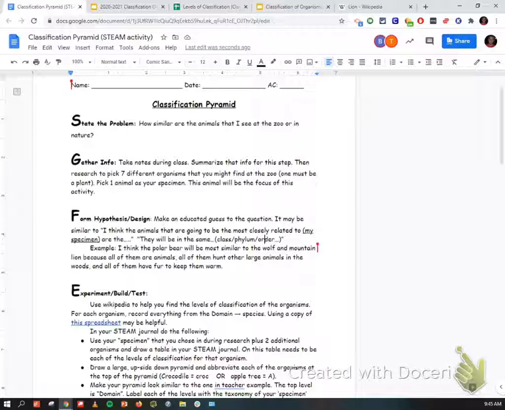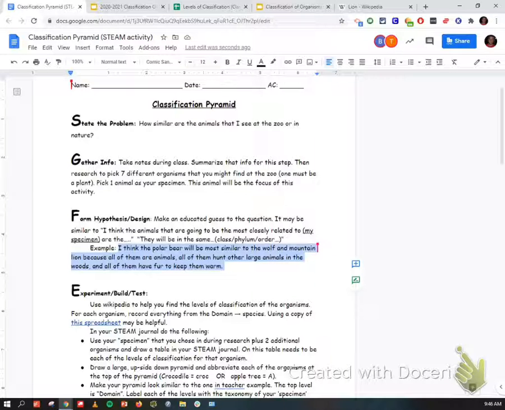This is similar to back in class when we talked about the wolf, the squirrel, and the lion. We talked about how they're similar and how one's a rodent, the other ones are not. So an example might be, I think the polar bear will be most similar to the wolf and mountain lion because all of them are animals, all of them hunt other large animals in the woods, and all of them have fur to keep them warm. That may be an example of your hypothesis.